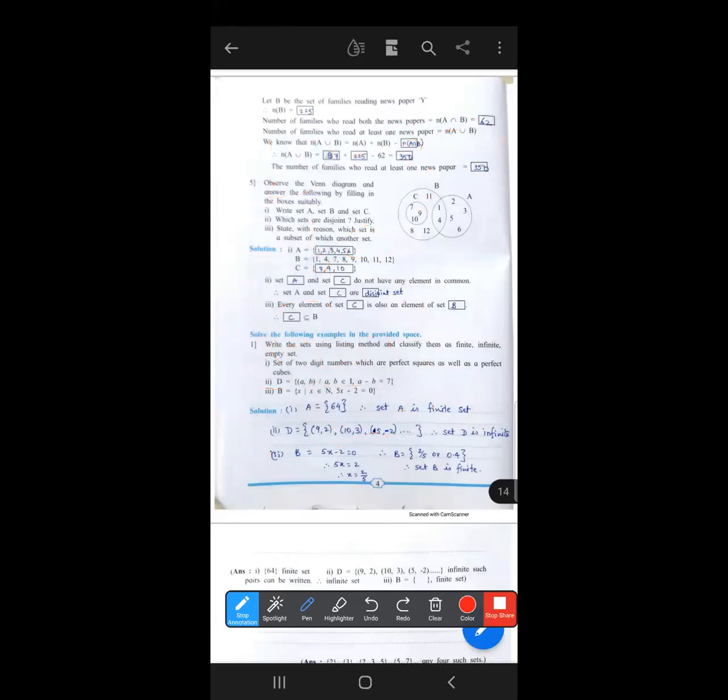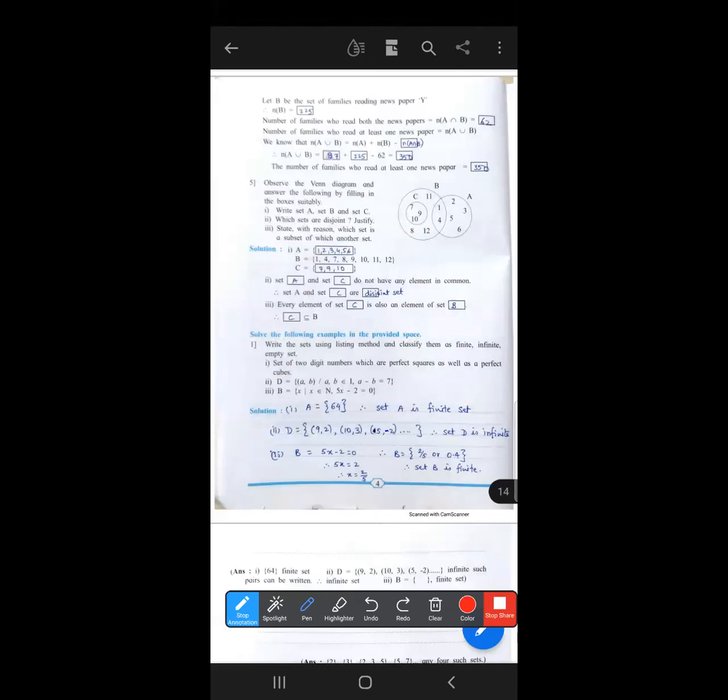So here are some examples I have written. D is equal to 9 comma 2, 9 minus 2 is 7. Then 10 comma 3, 10 minus 3 equals 7. Then 5 and minus 2: 5 minus of minus 2 will give you 5 plus 2, which is 7. So n number of examples you can get.